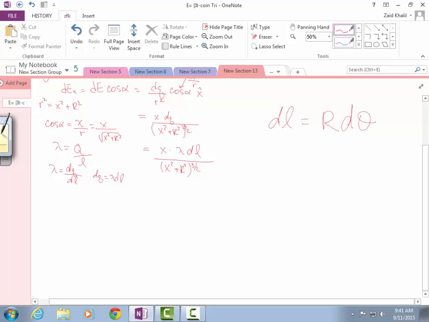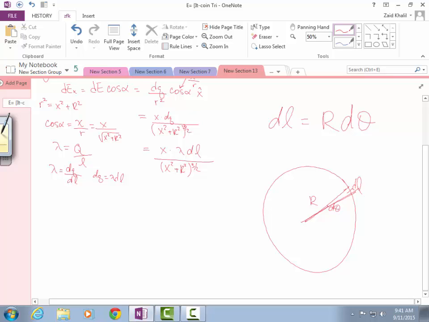When you look at some arc length, this arc length, dl, is located how far away from the origin? R. And what angle from the origin? d theta. Technically, you would say this is R, and that slice is d theta.